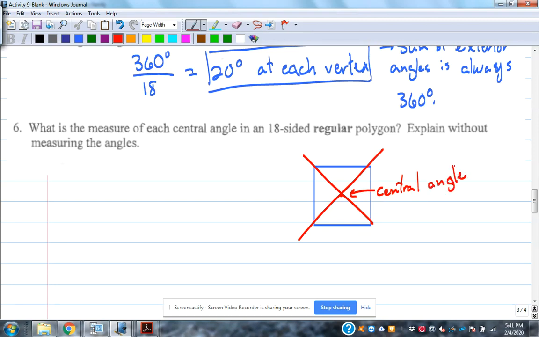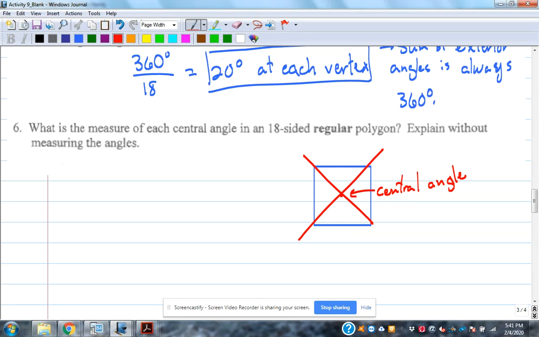So on an 18-sided figure, think about the center of that thing. If we're going to add up all of these, what should it add up to be? With a square, it's going to add up to be 360.